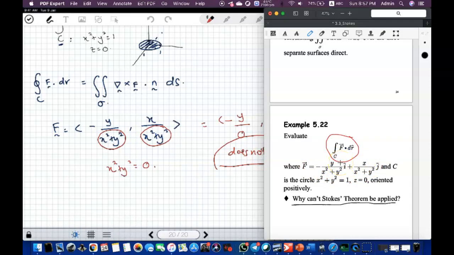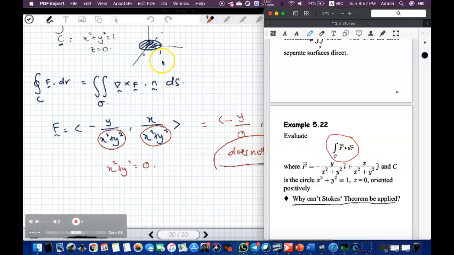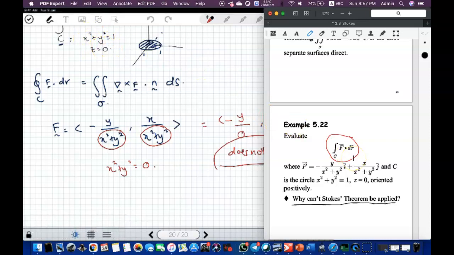Remember the Green's theorem. What is the condition to apply the Green's theorem? You can apply the Green's theorem if your curve is closed. So now it looks like we have a closed curve, and we have a 2D system.